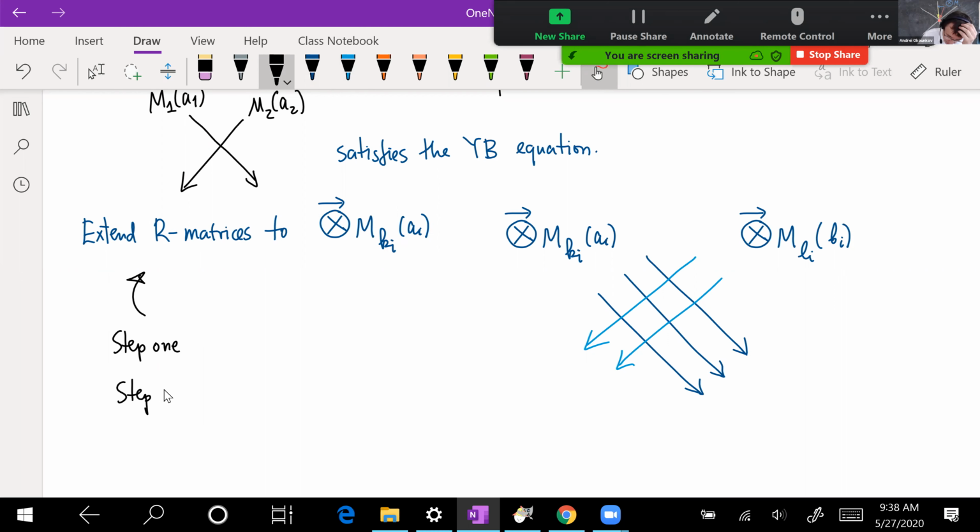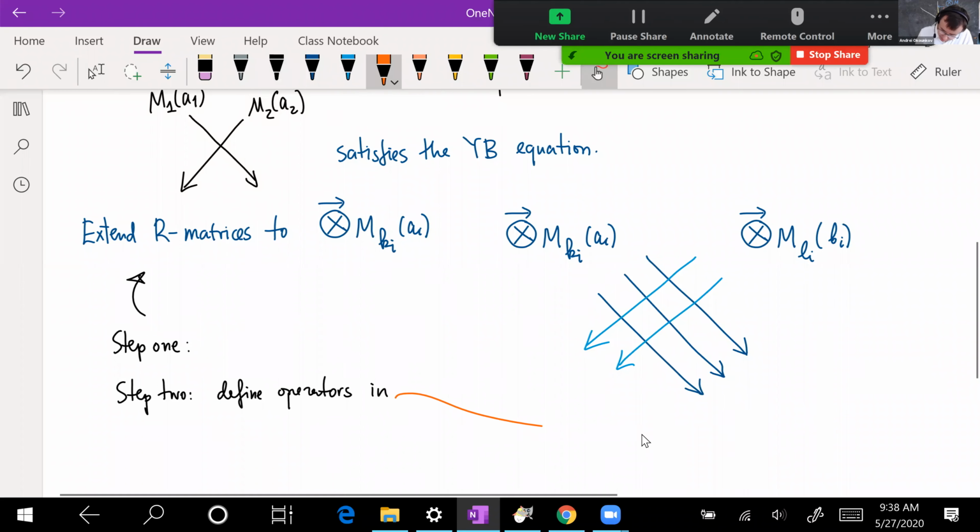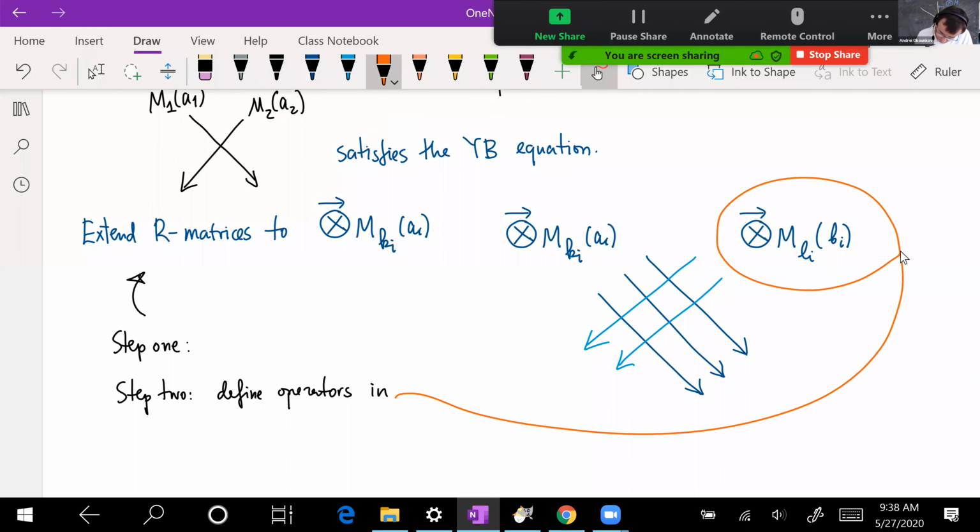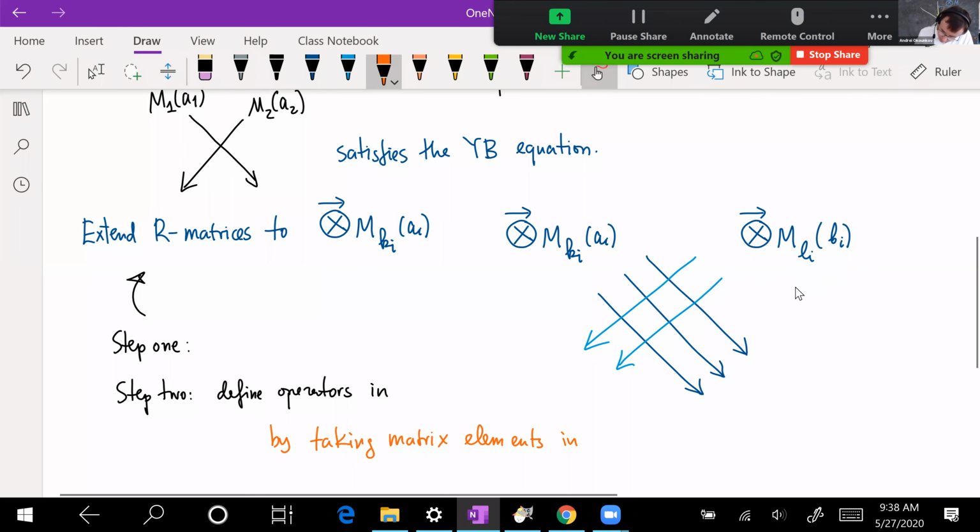And step two, we define operators. So we would like to define operators in a space like this by taking matrix elements in, so let's draw a better picture here.